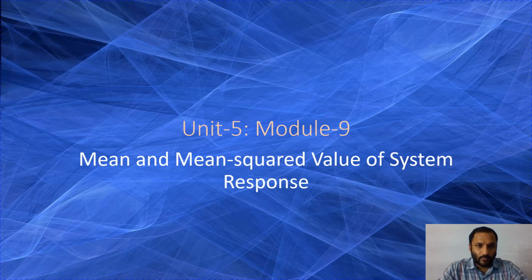Now, in the last module, we studied the grand view of a linear system where the random signal, that is the response of the linear system, is a member of an ensemble of random signals from a process y of t, and the input is also a random signal from the ensemble of random signals from the process x of t.